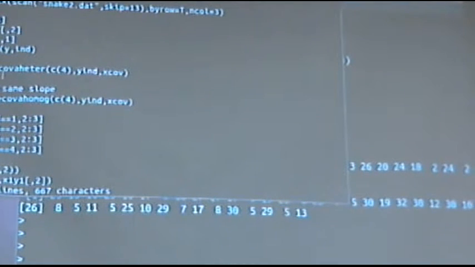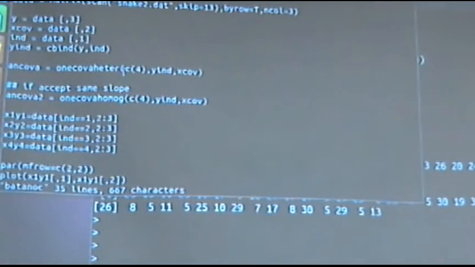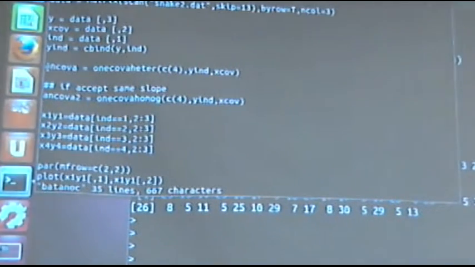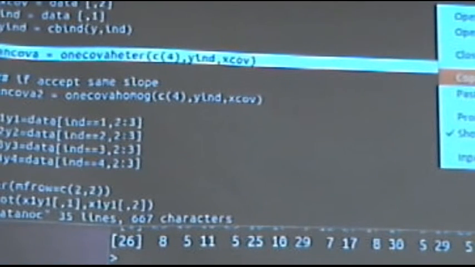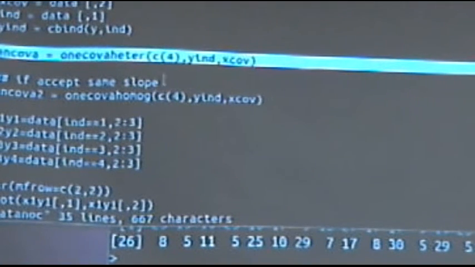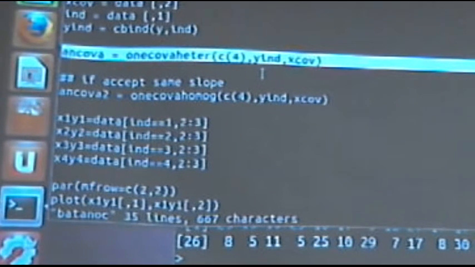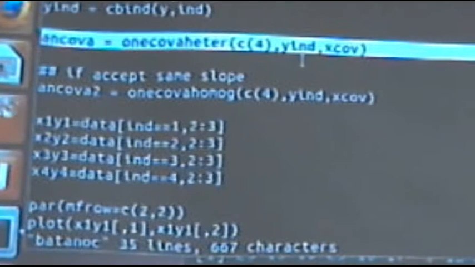So to understand the code, okay, header means heteroscedastic. And there's 4 levels, 4 groups. And Y, this is actually the Y and the indicator grouped together. I don't know why I did that.